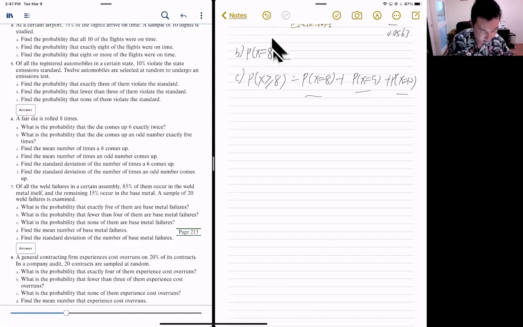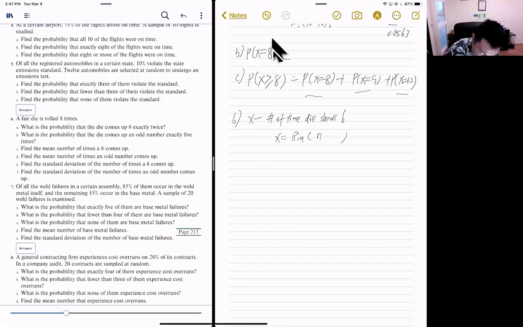So first of all, let's define X is the number of times the die shows 6. Then X will follow a binomial distribution.